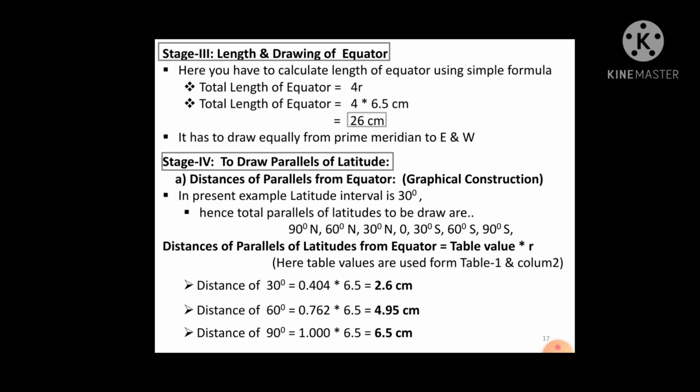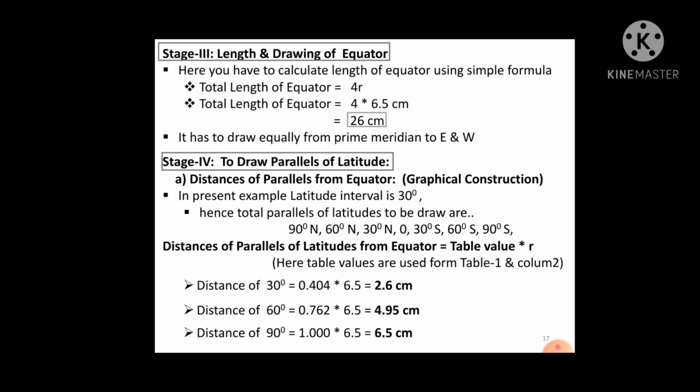Second is the distance of the 60 degree latitude from the equator. So what is the value? 0.762 multiplied by 6.5, the answer is 4.95. This is the distance from the equator of latitude 60.